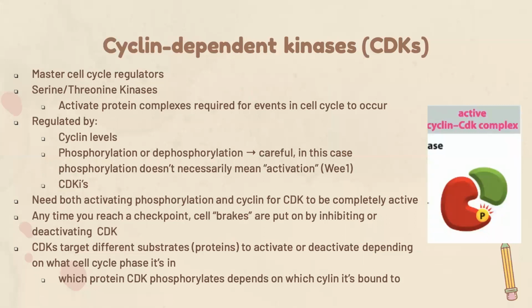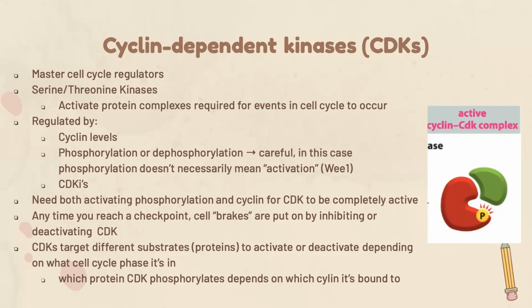First, we'll talk about CDKs. So you've probably heard this a lot. They are the master regulators of the cell cycle. They are serine/threonine kinases, which means they're kinases, so they add phosphate groups, specifically on serines or threonines. So they activate protein complexes required for the events in the cell cycle to occur. They are regulated in 3 ways.